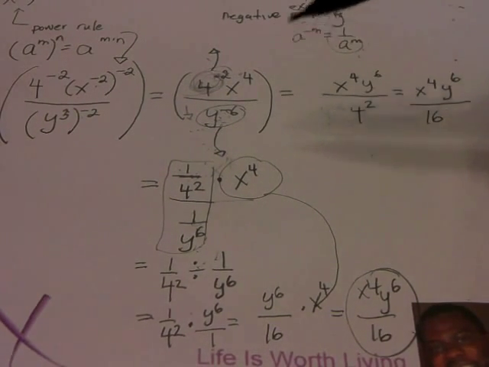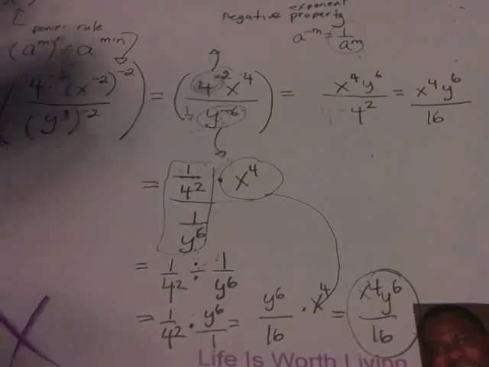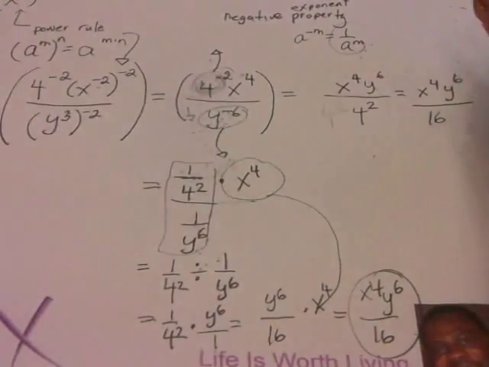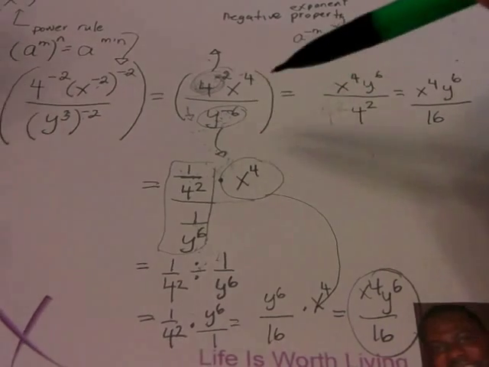I hope you understand and get a feel of using the properties. And hopefully I'll continue to show you more examples by demonstrating more exponential expressions using all of the properties that you've come to know right now.